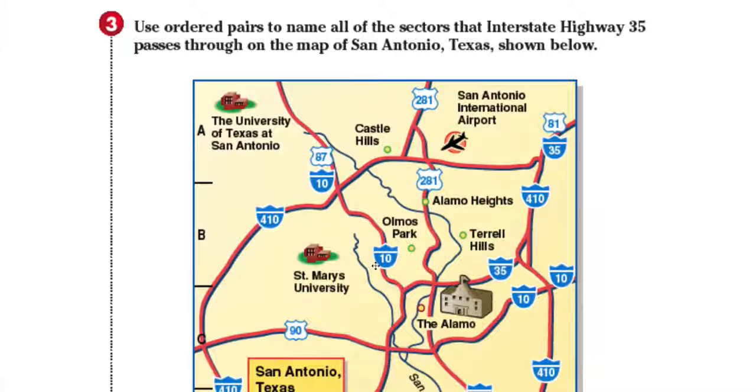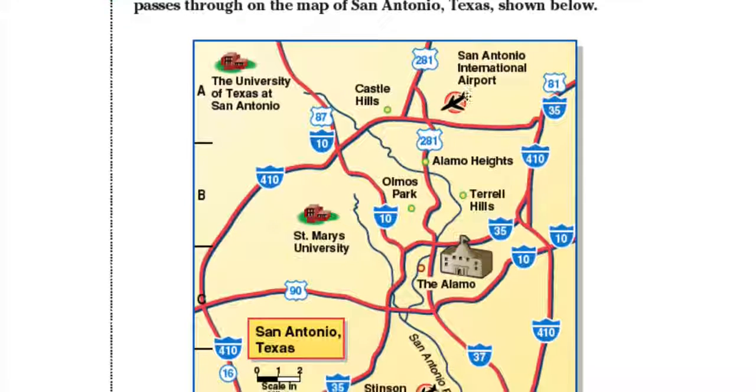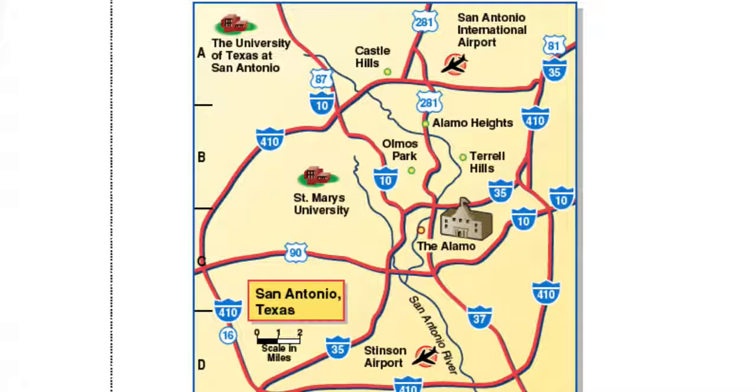Okay, so let's use this skill and take a look at example 3. Use ordered pairs to name all of the sectors that Interstate Highway 35 passes through in the map of San Antonio, Texas, shown below. So we need to find Interstate Highway 35, which is this one right here.